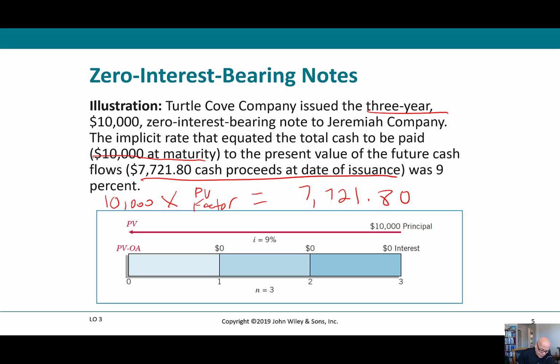So we take this $7,721.80 and divide it by 10,000. And you're saying, well, why are you dividing by 10,000? Because I'm doing the algebra here. Not in a very good spot, because I probably could have written it somewhere else. I don't know why I wrote it up there. So the present value factor is going to be equal to $7,721.80 divided by 10,000.